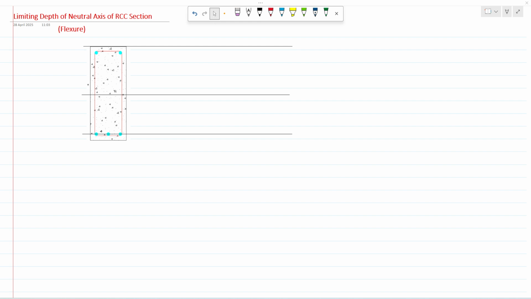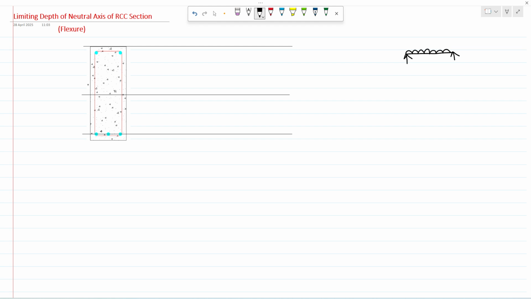So in this class, we will be discussing the limiting depth of neutral axis of RCC section in flexure. So let us assume a beam which is subjected to external loading.